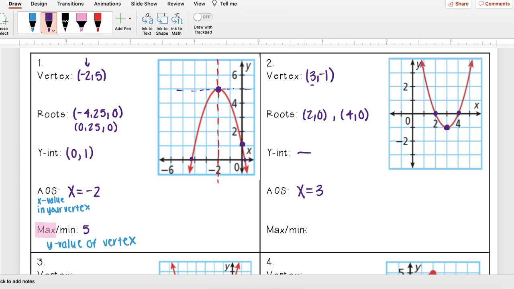And then I first need to find out whether it's a max or a min. Since this one's opening up, it's going to be a minimum value, and that's because it has a low point. And then my minimum value, it's always the y value of my vertex, so it's -1. So here, 3, -1, all comes from my vertex.